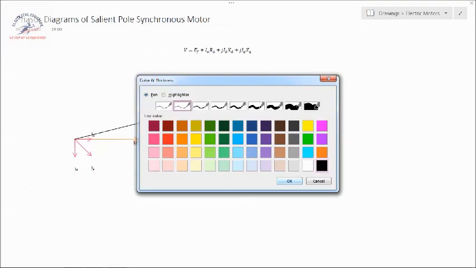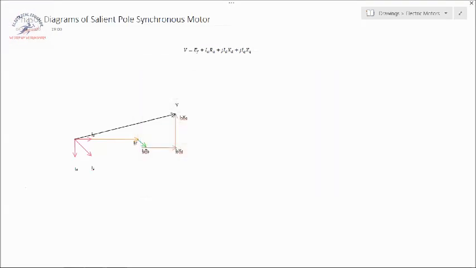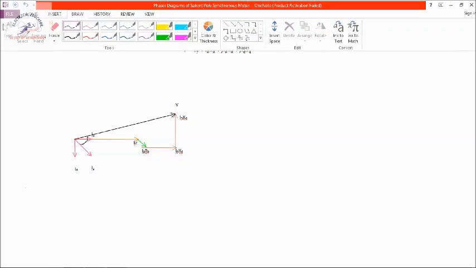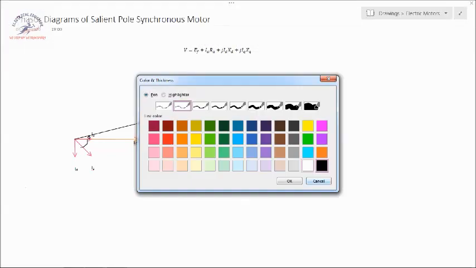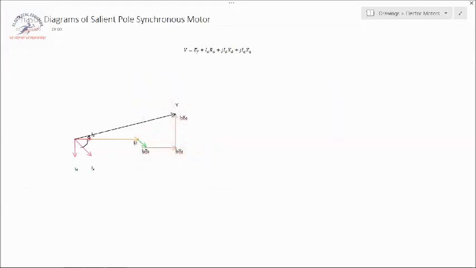Next the angle between V and E is called as load angle, and it is denoted by the term delta.